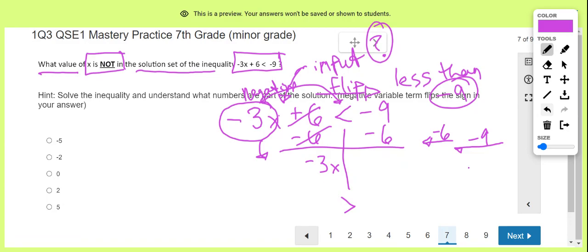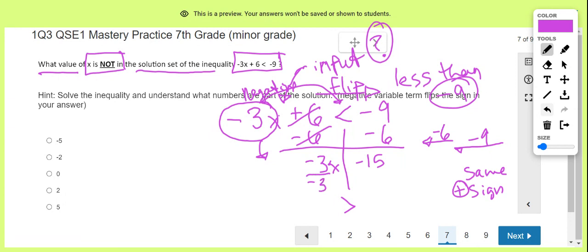So they're going in the same direction and they have the same sign, so we are going to add those numbers, which is going to give us negative 15. All right, so we have an input of x times negative 3.